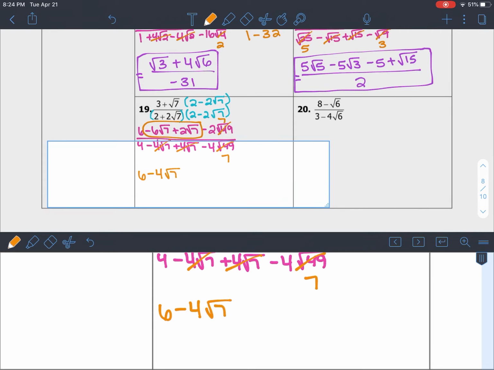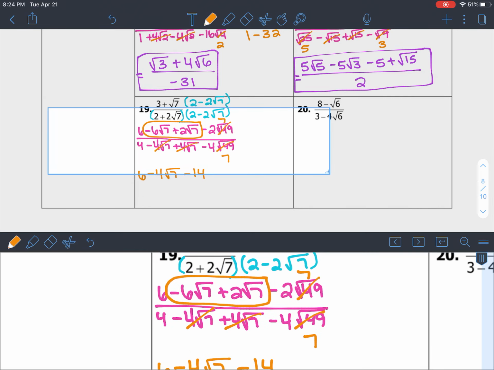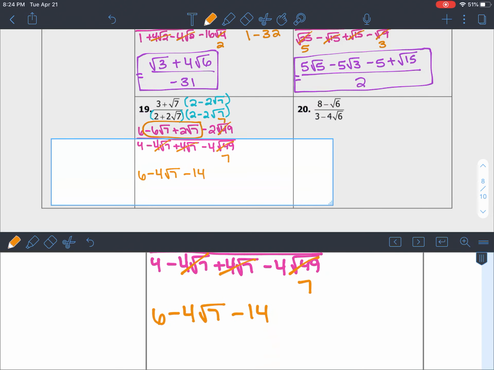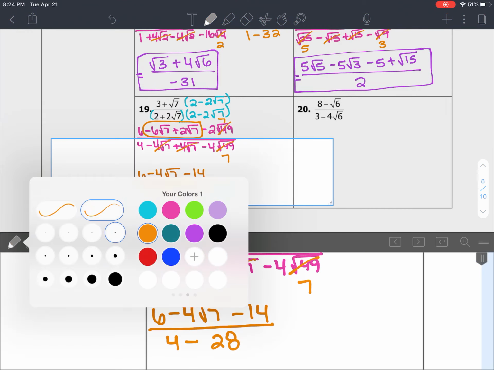So I'll have 6 minus 4 the square root of 7 minus 14. That 14 comes from this negative 2 times 7 on the end there. All over 4 minus 4 times 7. The 4 times 7 comes from this end on the bottom, and that's minus 28.